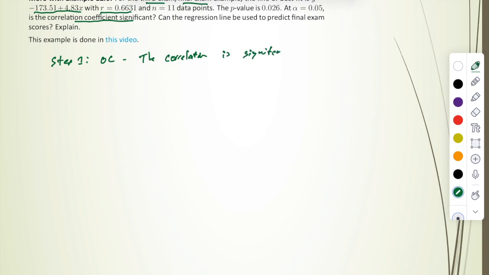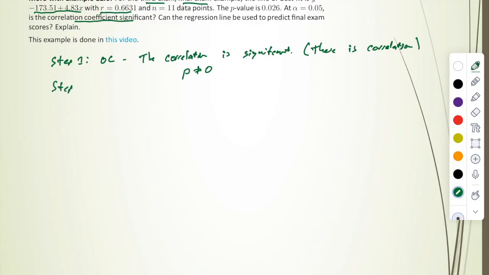And what that means is that there is correlation, meaning we're going to say that rho is not equal to 0. Because remember, rho equals 0 means there's no correlation.